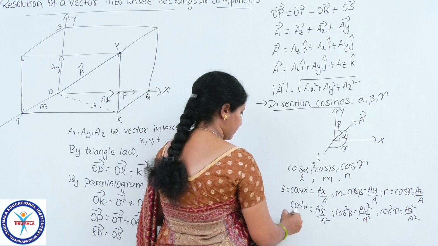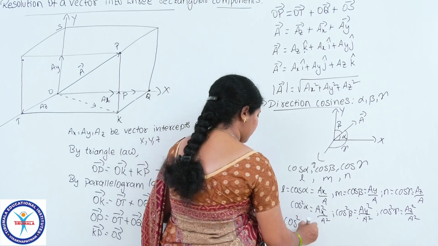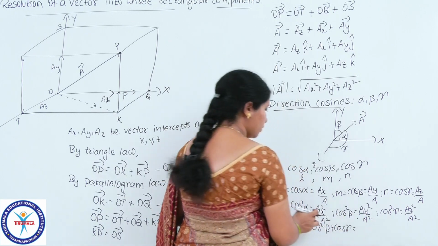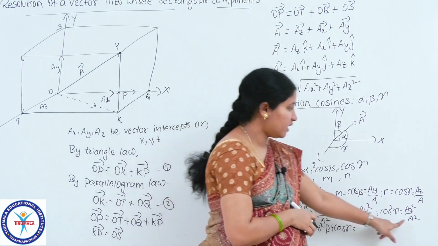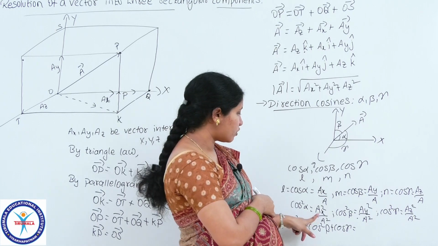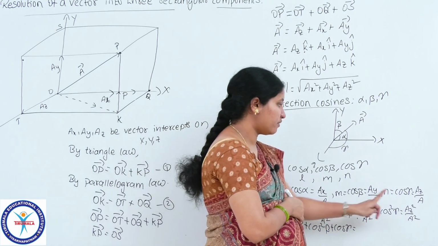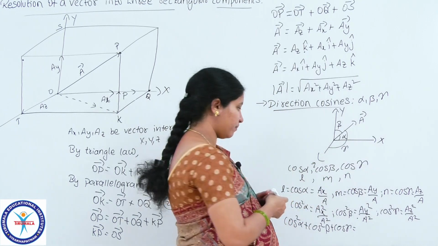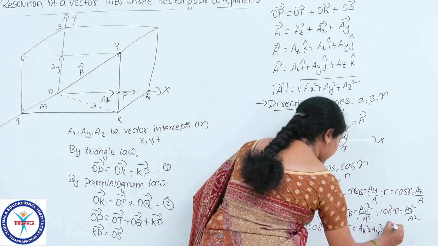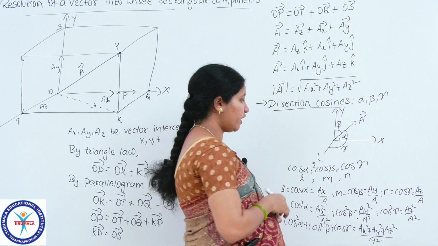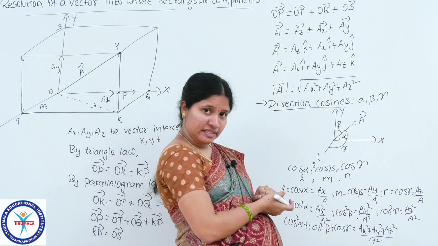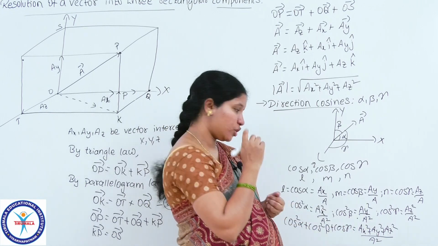We get cos square alpha plus cos square beta plus cos square gamma equal to, here if you observe, the denominators are the same. So let us take the LCM, a square. We get ax square plus ay square plus az square by a square. We already know ax square plus ay square plus az square will be a square. So a square by a square gives you 1.